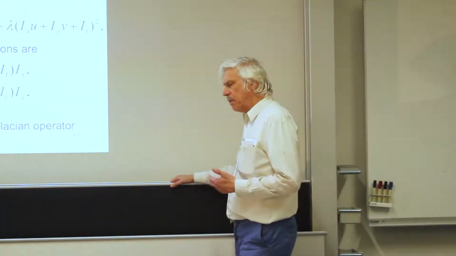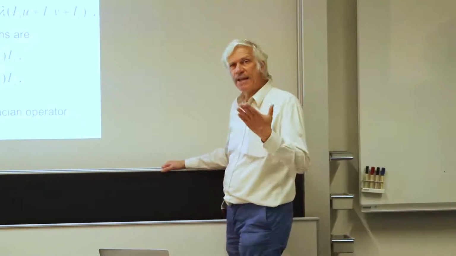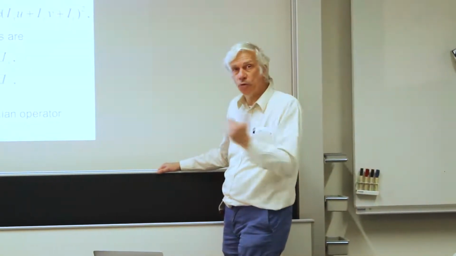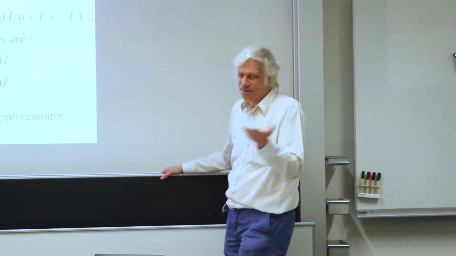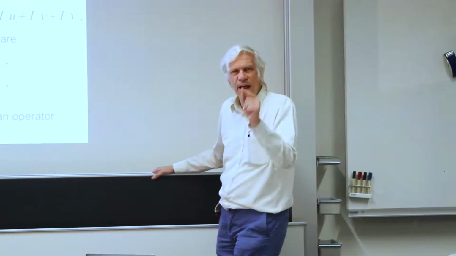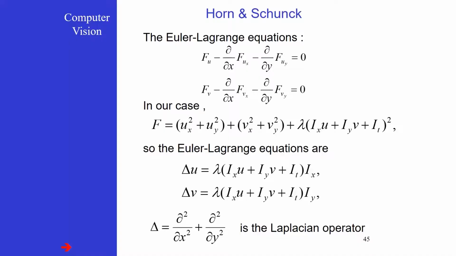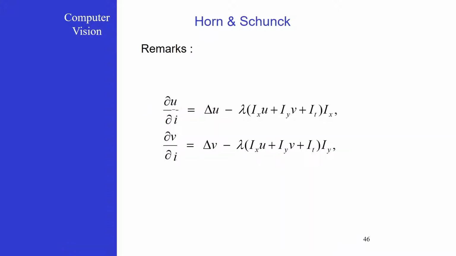Now, in a typical image, your chances of really getting an analytic solution for those equations is close to zip. Okay, it's non-existent basically. So we have to do this numerically. And the way to do that is then to go to evolution equations. So you get something like that, where i, in this case, is the iteration.